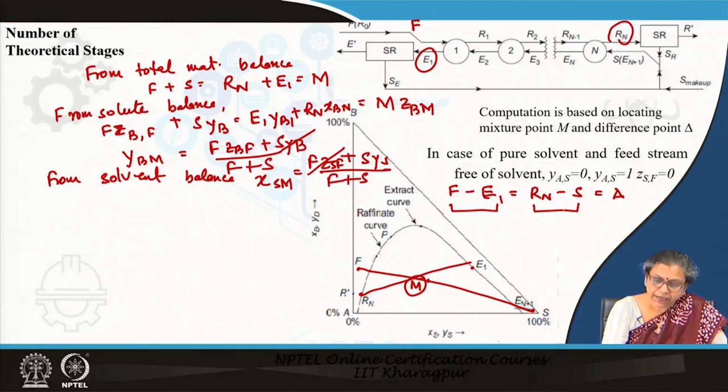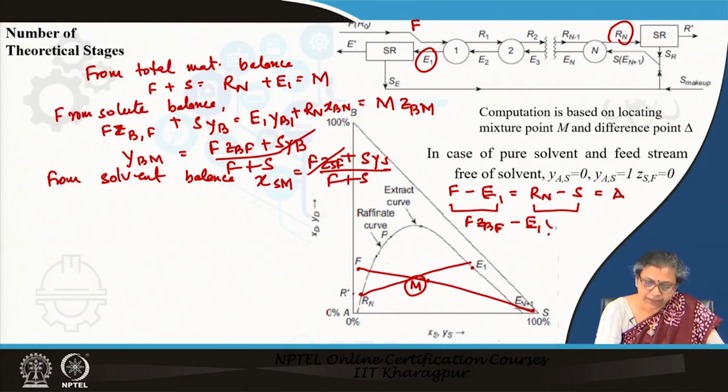So, from there similarly I can perform a solute balance also. If I perform a solute balance, I can write it down in the same way, which is going to give me F Z B F minus E1 Y B 1 will be equal to Rn X B n minus S Y B, which will be equal to delta Y B delta.